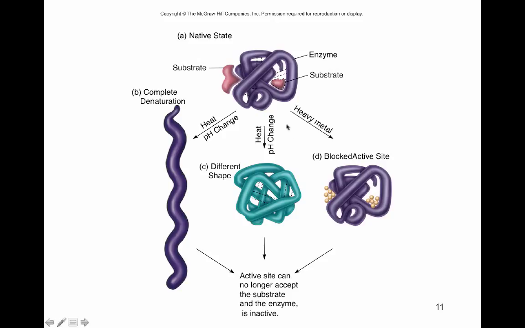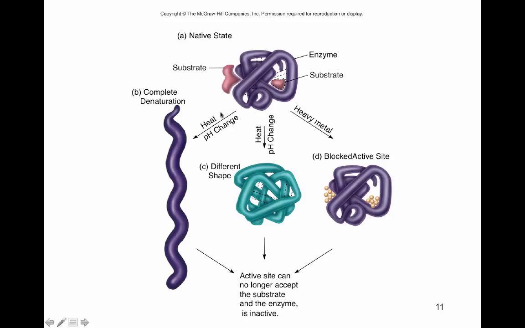Now, heat and also pH changes and heavy metals can cause denaturation, for example, of a protein. So this is the properly folded version. This is a cartoon image of a properly folded protein here that has the appropriate active site for the substrate to bind, okay?